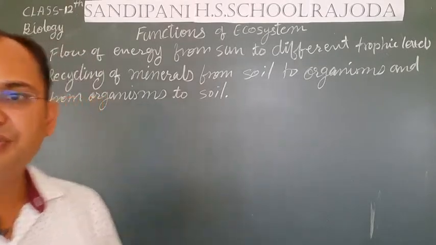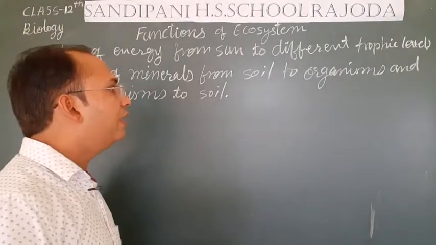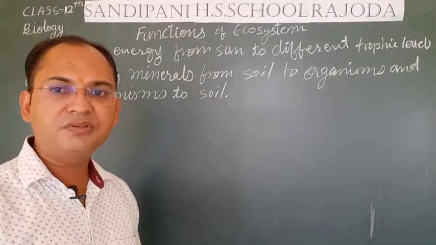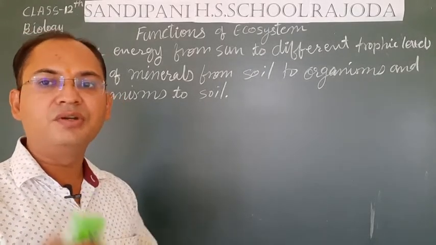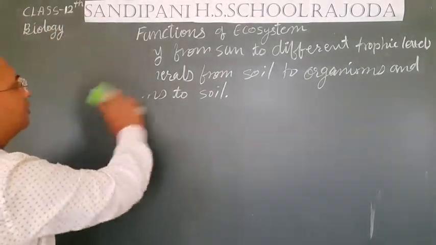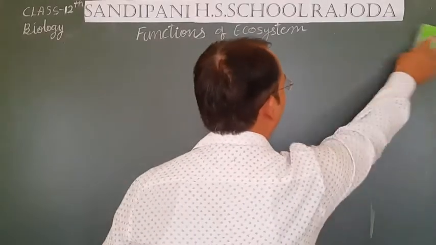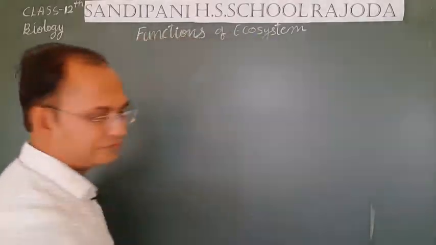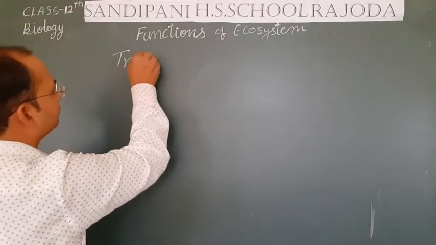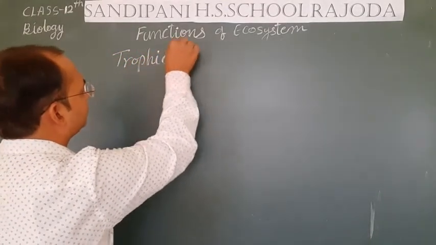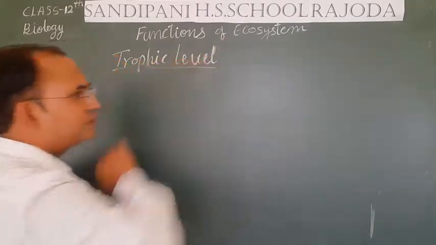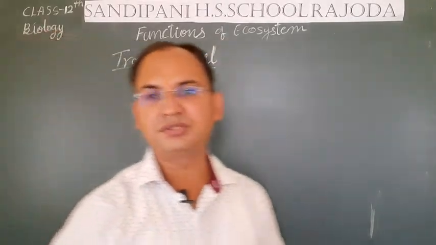Now students, we will see what the trophic levels are in which the transfer of energy takes place from one level to another level. So the next topic is trophic level. These trophic levels are found in an ecosystem.